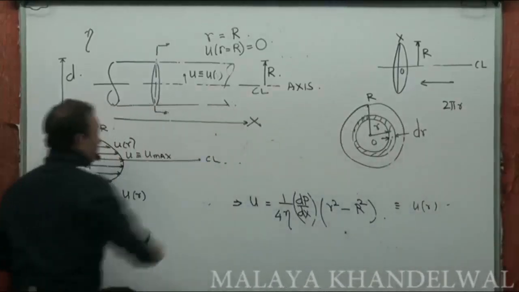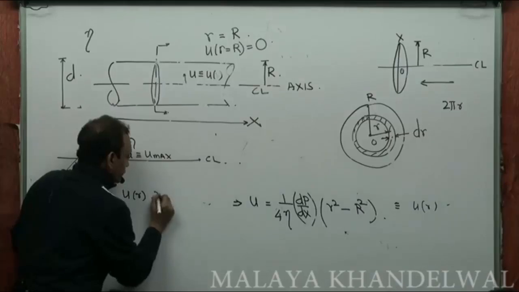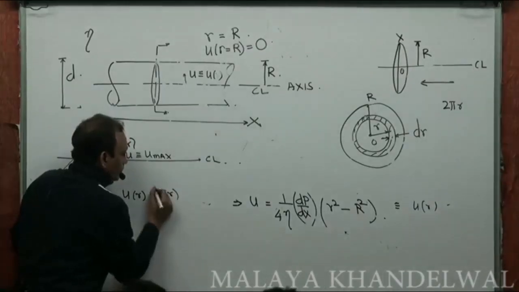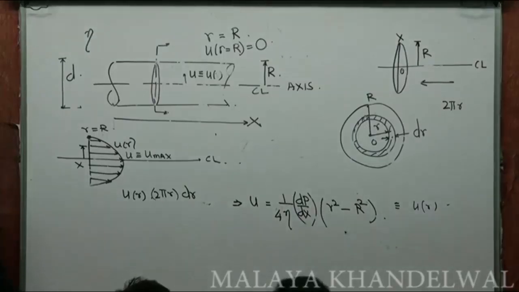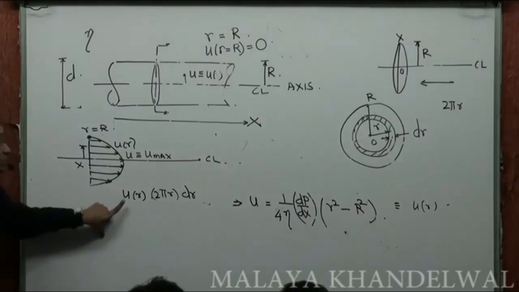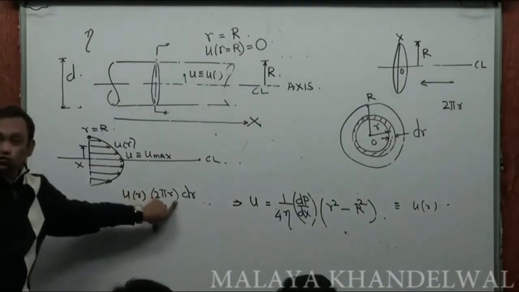So velocity into 2 pi r dr. Yes or no? You know what I'm saying? So this will give me cubic meters per second through this shaded region. This is meters per second into square meters.